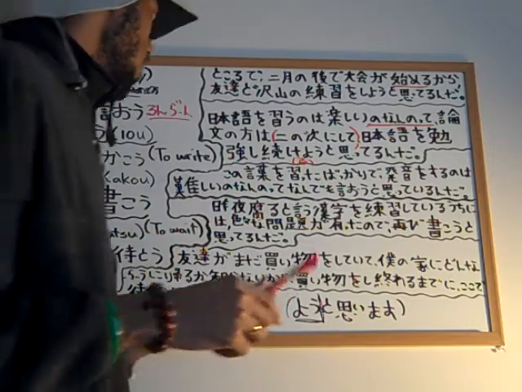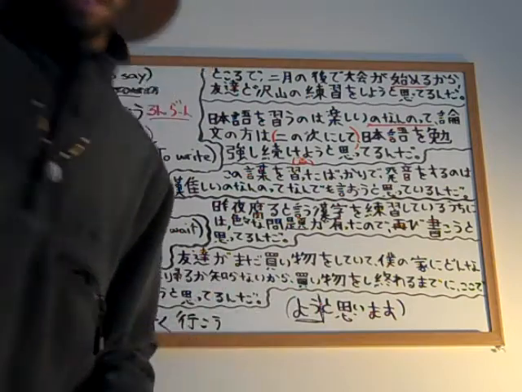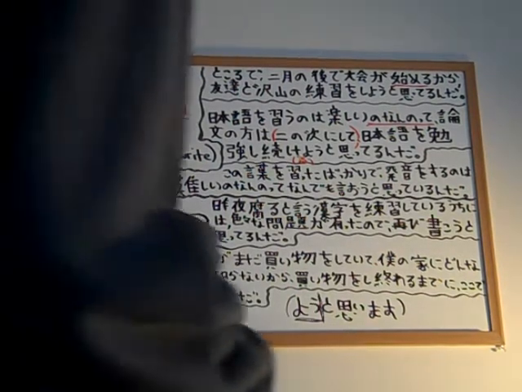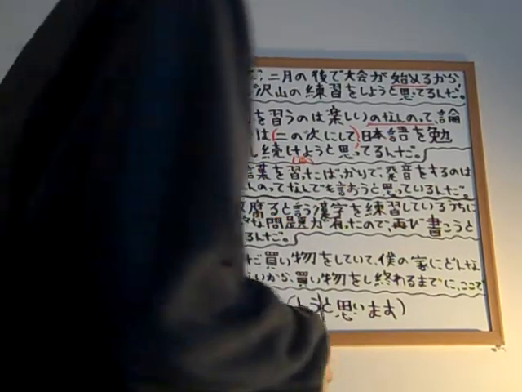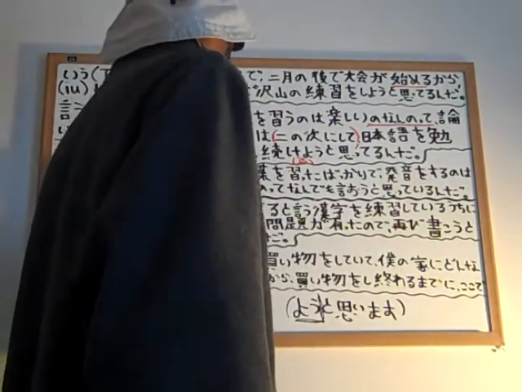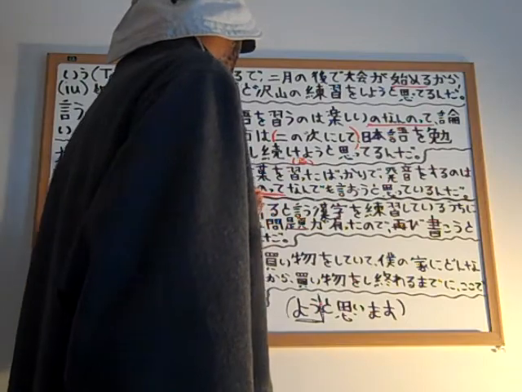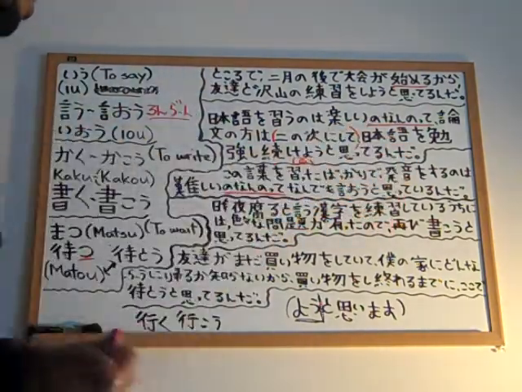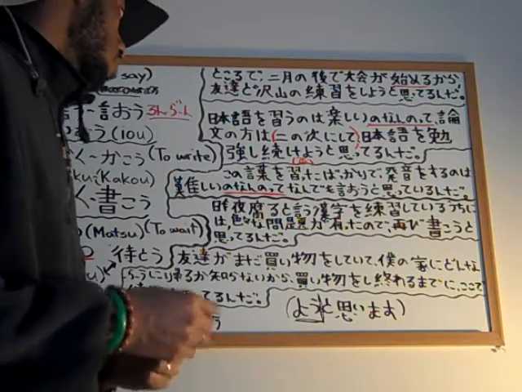So I hope you guys are getting the concept of what's going on here. All right. So again, we have no nande. Nandemo iyo tomoterunda. I'm thinking about saying it many times.